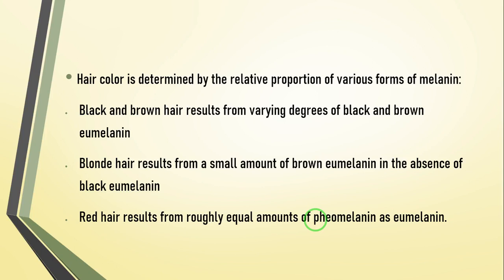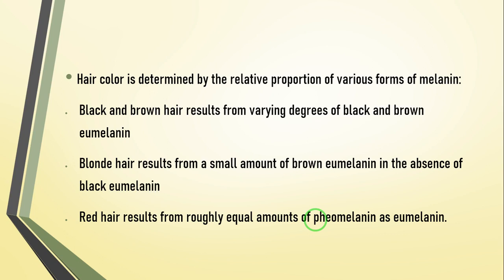The different amount or proportion of the melanin will determine the color of the hair, not only the skin. For example, dark black hair usually contains mainly black eumelanin. Brown hair is mainly due to the brown eumelanin. We have two types of eumelanin, the brown and the black.